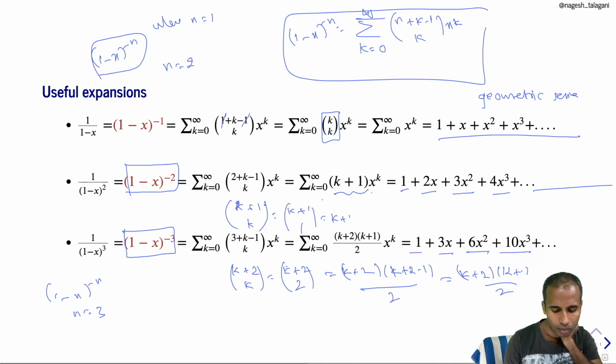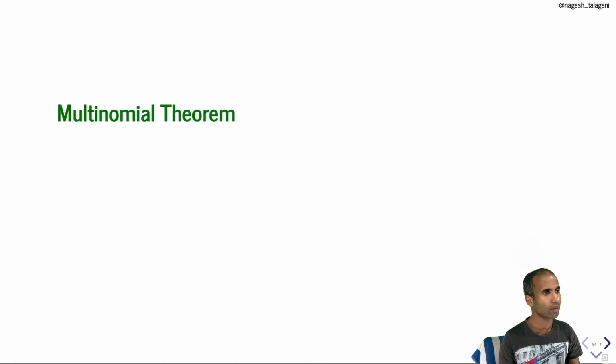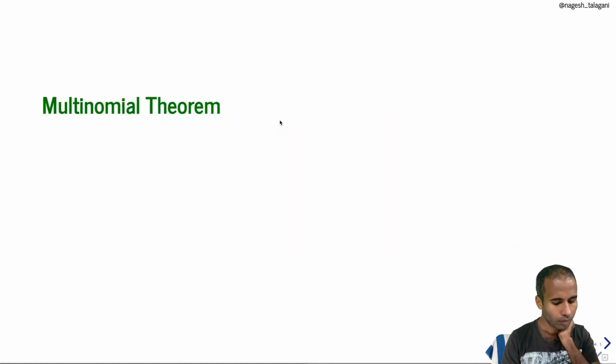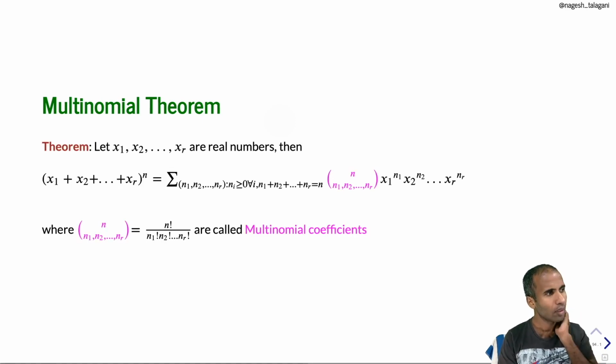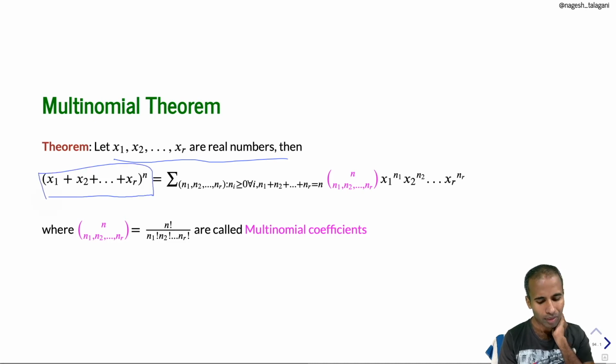Okay, these are some useful expansions that will come up a lot. Okay, next, multinomial theorem. Let x1, x2, and so on, xr be real numbers. Then the expansion for (x1 plus x2 plus so on xr) all to the power of n is going to be a summation, where the summation varies over all non-negative integer solutions of this equation.